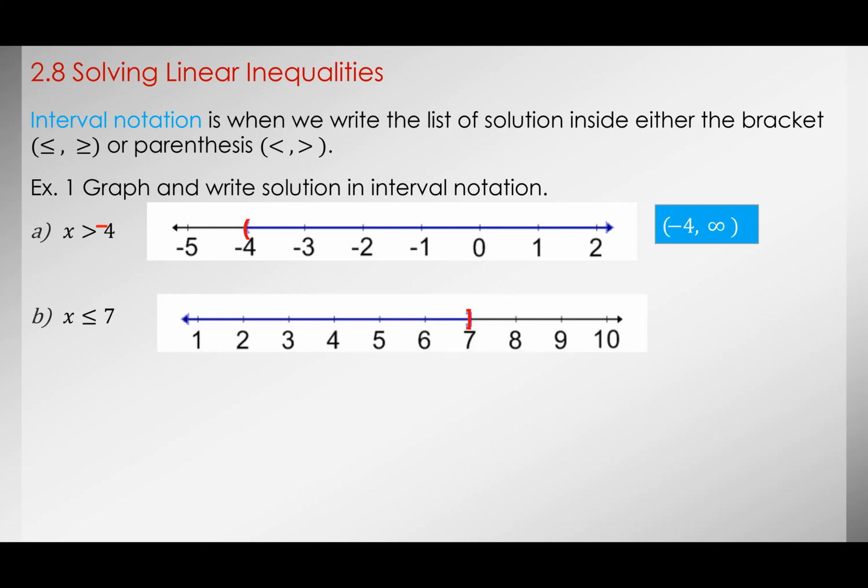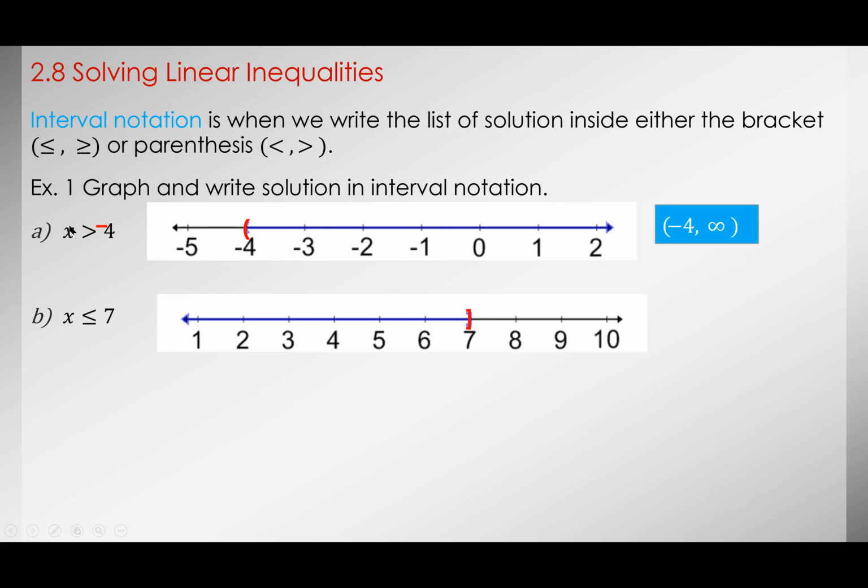Any number on the left-hand side of 7 is less than or equal to 7. Because it's equal to, we illustrate that we can use 7, and to illustrate that we can pick 7, we use the bracket. Why? Because 7 equal to 7 is a true statement.